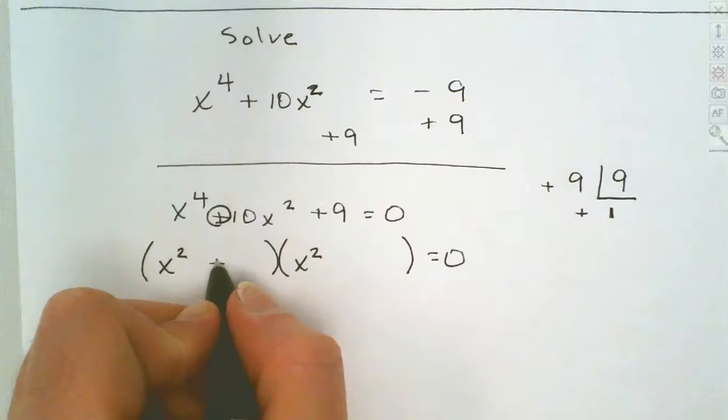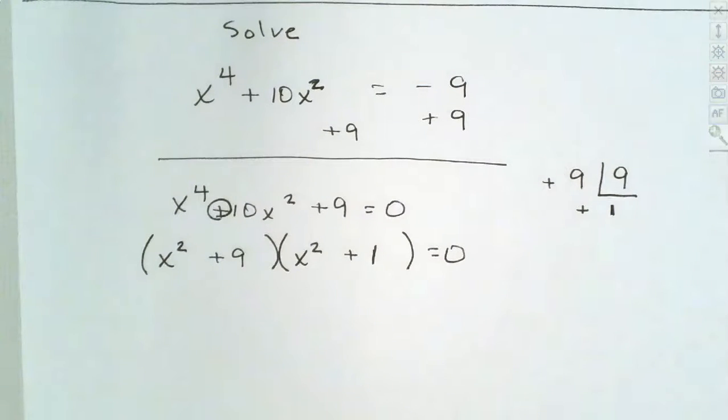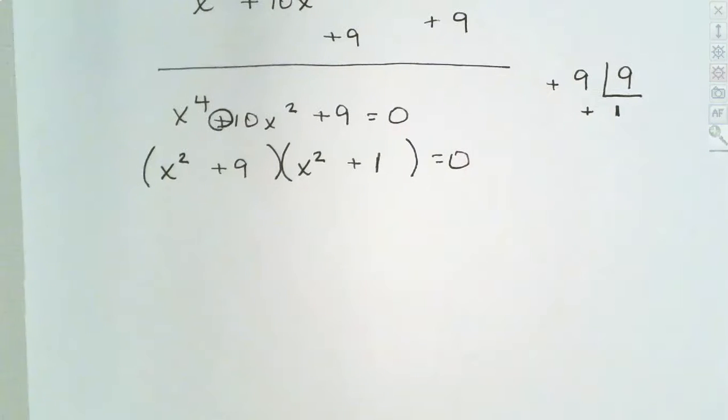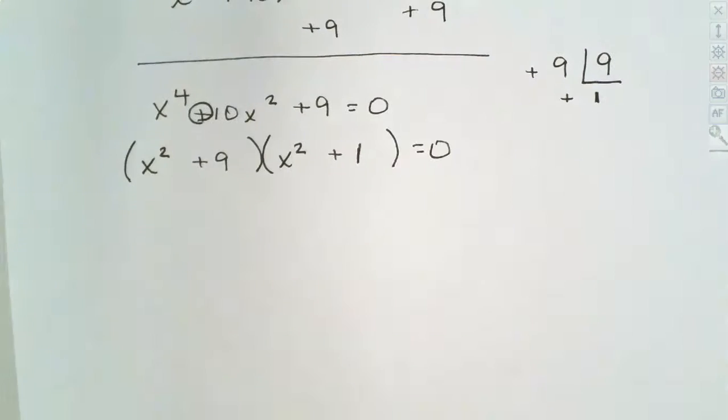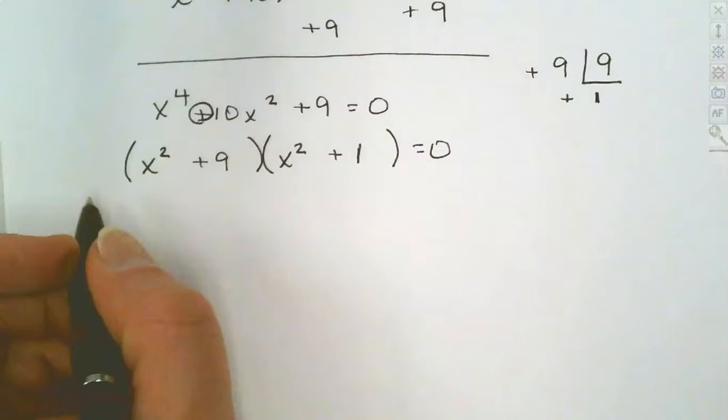And then we've got a 9 and we've got a 1. Now we are going to get 4 solutions total. We're going to get 2 from each one, because these aren't x plus 9, this is x squared plus 9. So let's try to find our 4 solutions.